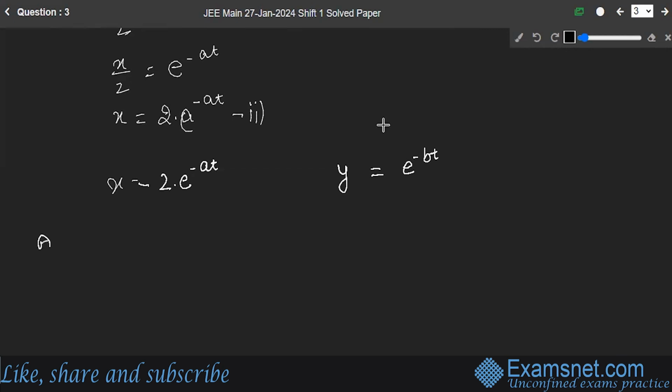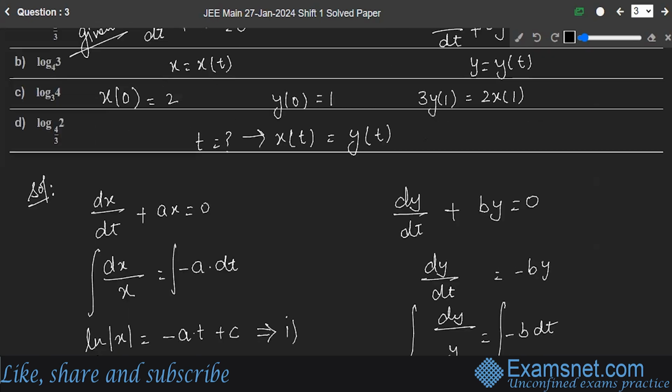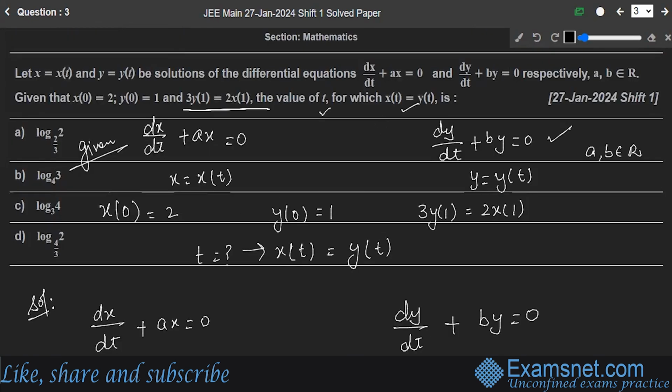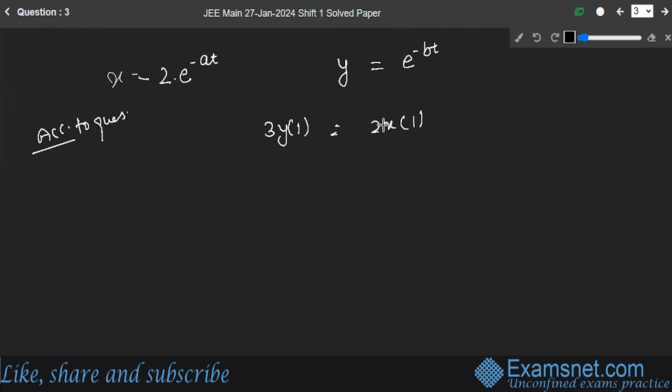Now, according to the question, you are given that 3y1 is equal to 2x1. So you're given over here 3y1 is equal to 2x1. This is given over here. So that means here t is equal to 1. Here t is also equal to 1.